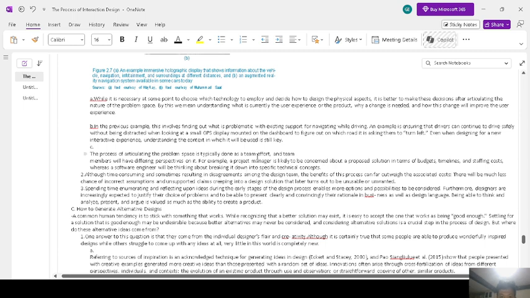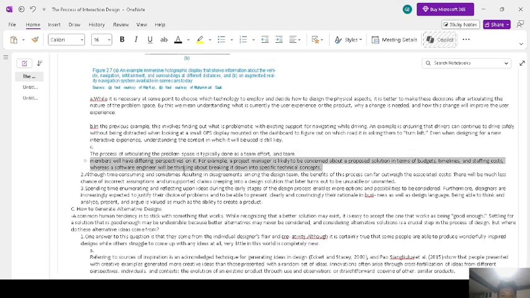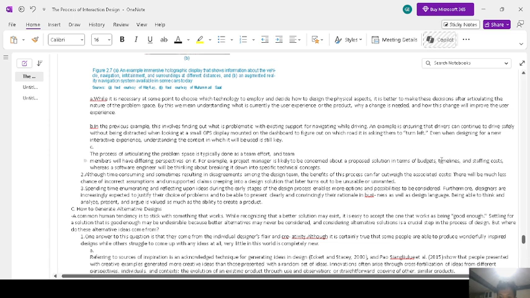Space is typically done as a team effort, and team members will have different perspectives. For example, a project manager is likely to be concerned about the proposed solution in terms of budget, timelines, and costs, whereas software engineers think of specific technical concepts.